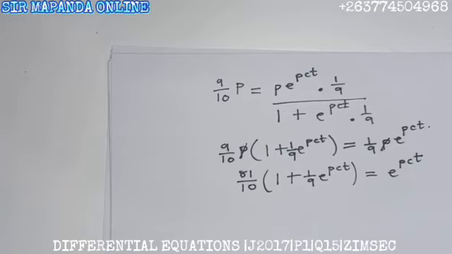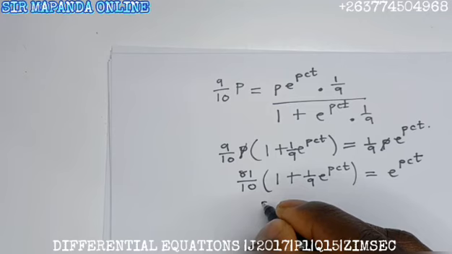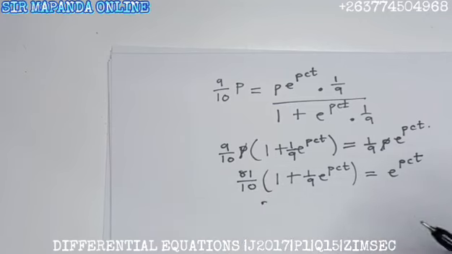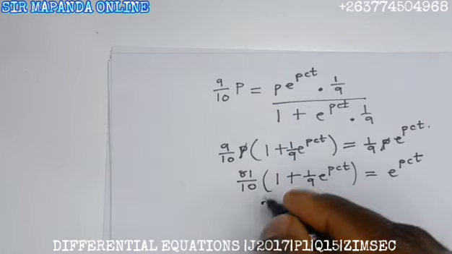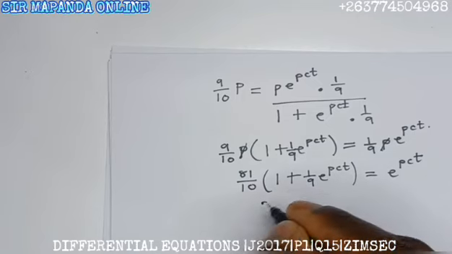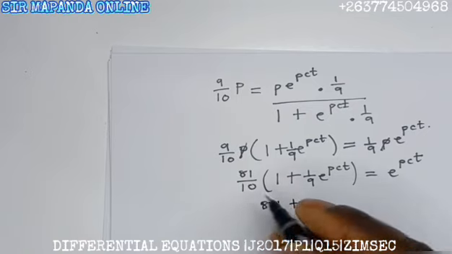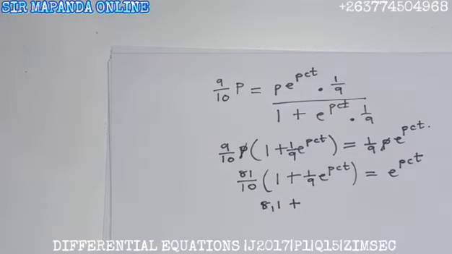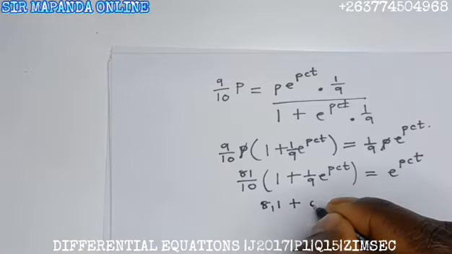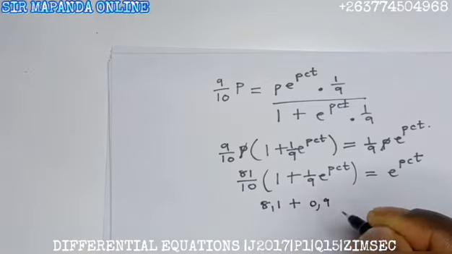Let me remove the bracket. 81 divided by 10 is as good as 8,1. So you are saying 8,1 times 1, you get 8,1 plus 8,1 times 1 over 9, you get 9 over 10, which is as good as 0,9 e to the power of PCT is equal to e to the power of PCT.